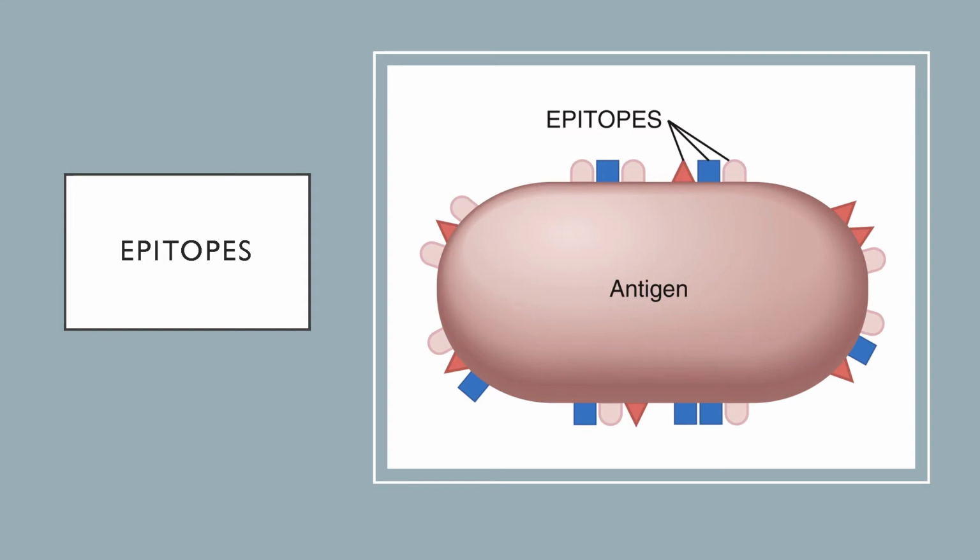Typically, just certain small parts of a large antigen molecule actually act as the triggers for immune responses. These small parts that act as the triggers are called epitopes. These are also called antigenic determinants.